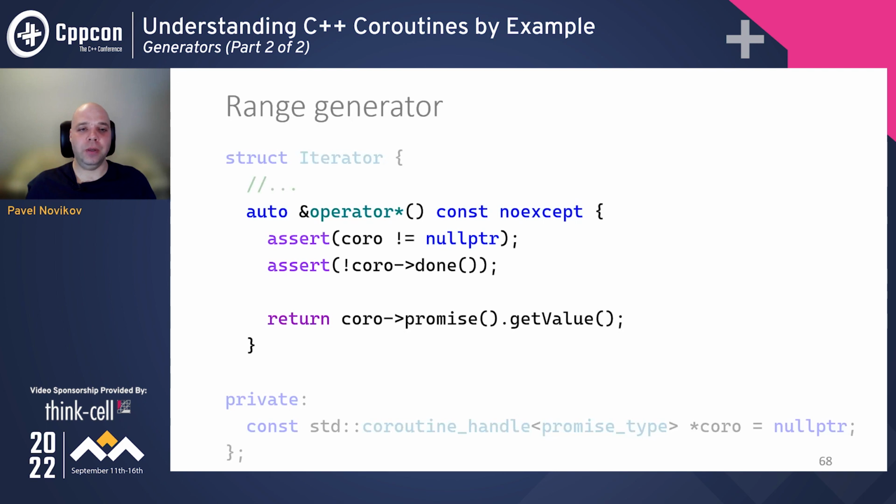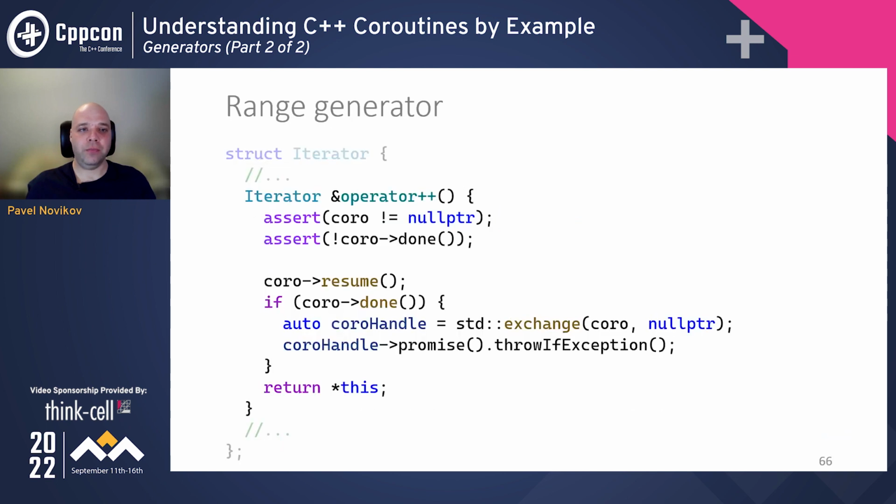That is, we must be at the point immediately after we yielded a value from our generator, and we return by reference the reference that we get from get value. In this case, you can see that the previous operation, incrementation, is not noexcept, so it can throw an exception, as you can see inside the if clause.